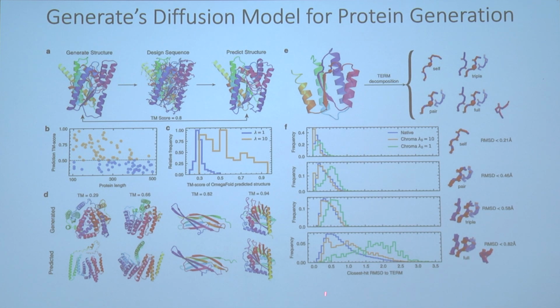And so in here, let's just talk about one of these. They're showing what happens when you compare the native RMSD to the closest TERM versus the Chroma models. And you can see that it's able to cover or span a similar range to the native while also having the capacity to step away from it, so become more distant from the closest possible TERM. And so this is interesting and also very useful if you wanted to optimize and figure out, well, at what point can you remain diverse but also experimentally successful?